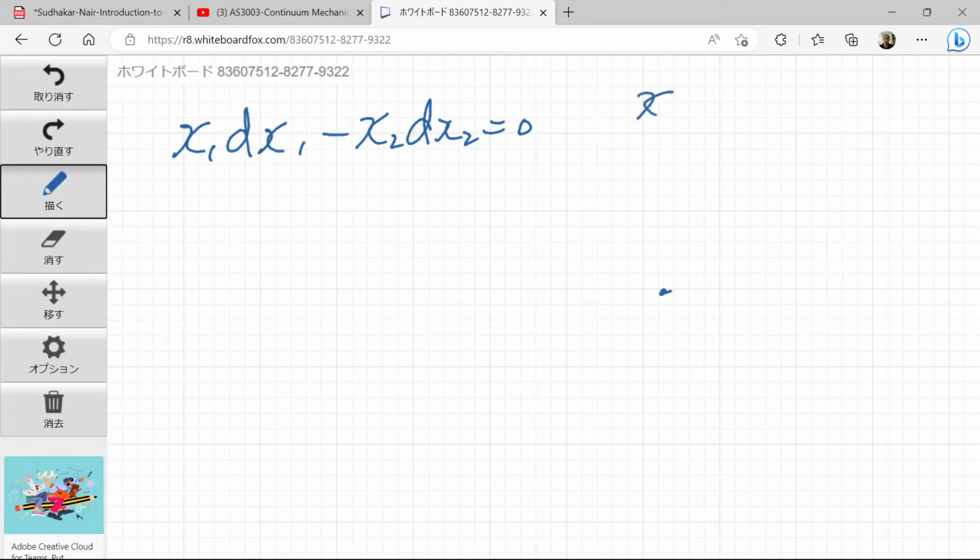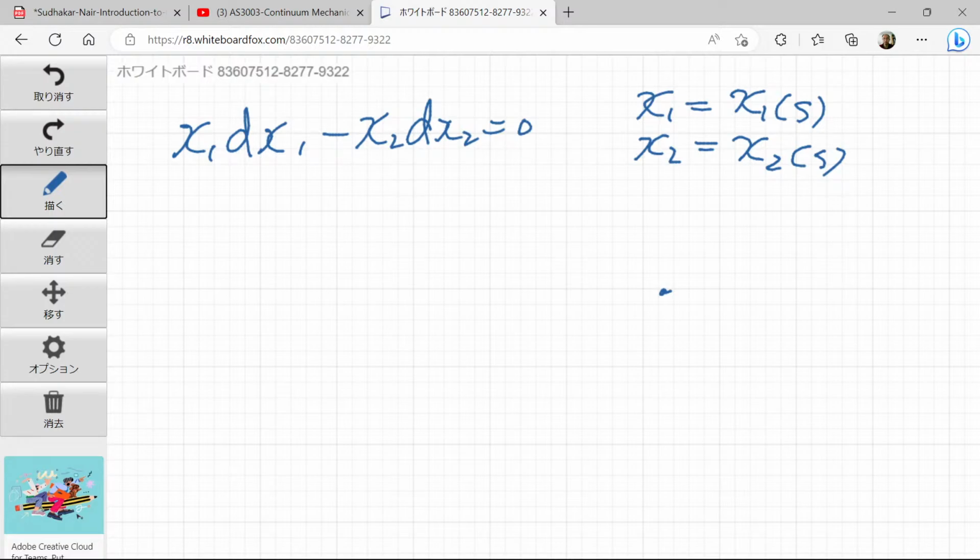You just assume x1, x2 can be described using some parameter s.